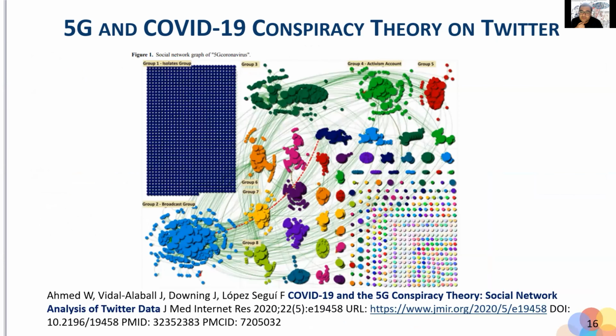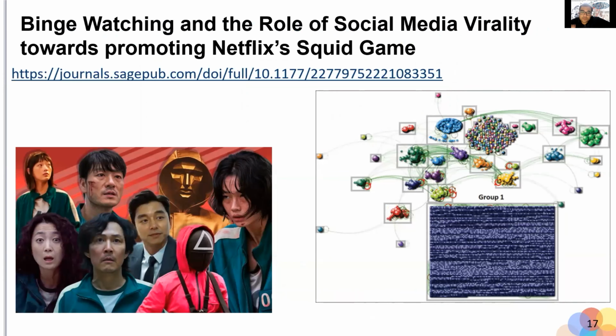So we used NodeXL to analyze that network and find out how that information was spreading. This visual was created in NodeXL, and we were able to find key hubs, key users, and information sources responsible for spreading malicious information. We came out with some recommendations for public health authorities on how they can clamp down on some of the disinformation that was being spread.